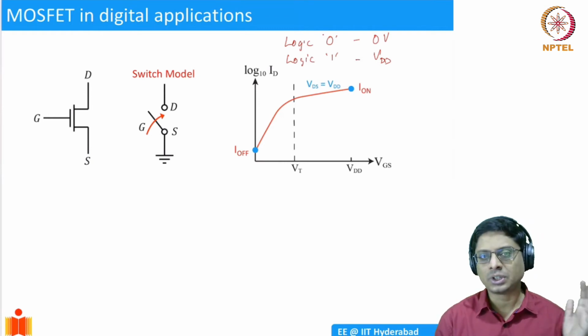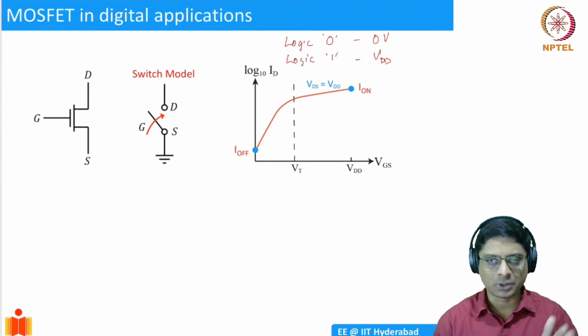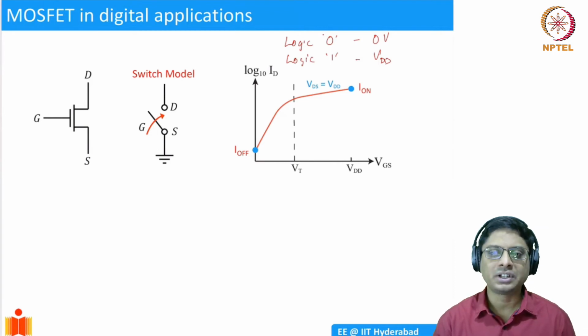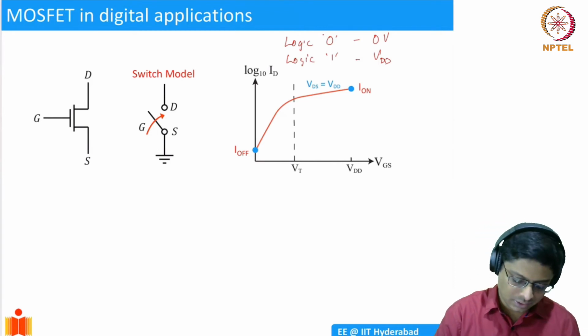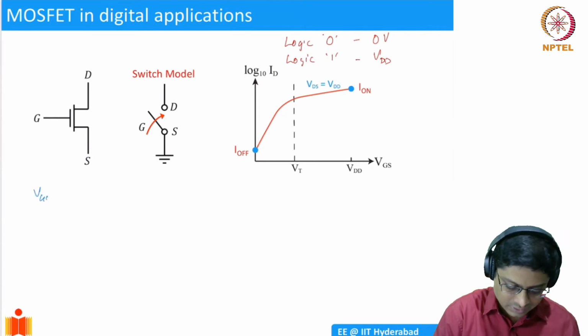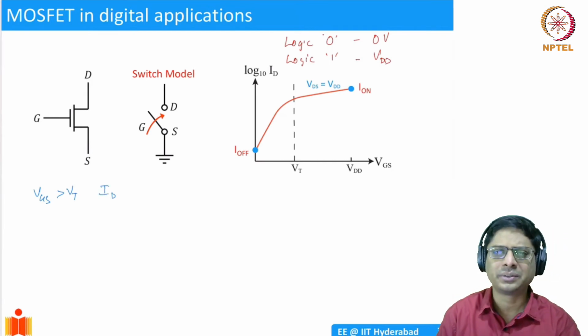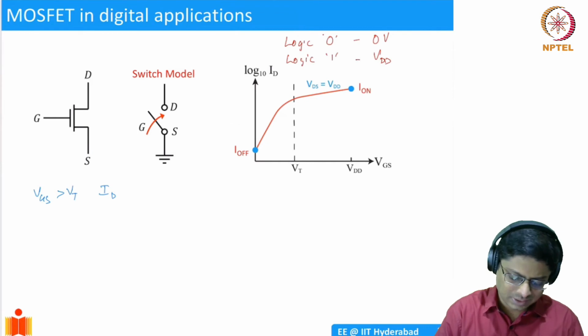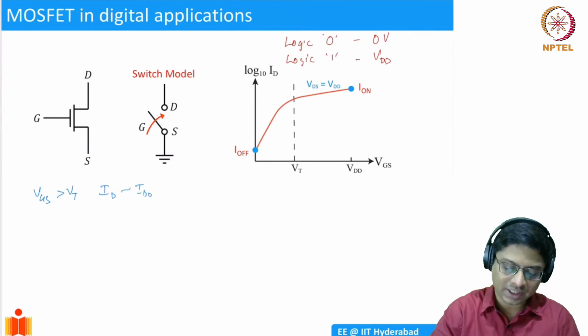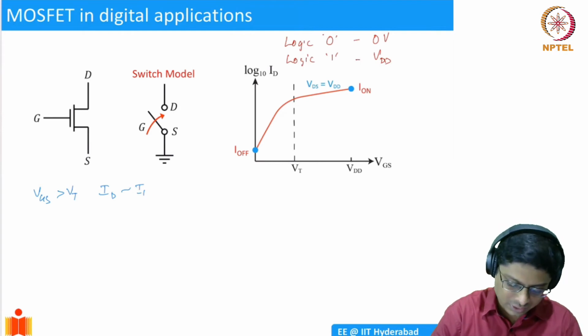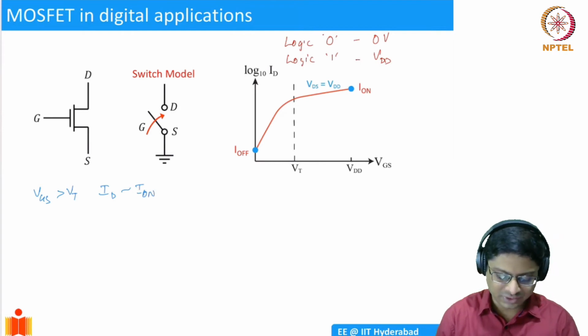So we saw that when you apply a gate voltage above a threshold, the MOSFET conducts, and we'll call it the on state. So if I put my VGS greater than VT, ID is basically some number. Let's call it ID on, or I on is a better name, when the transistor is on.